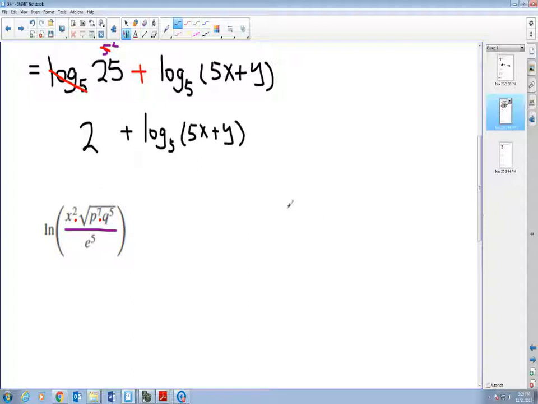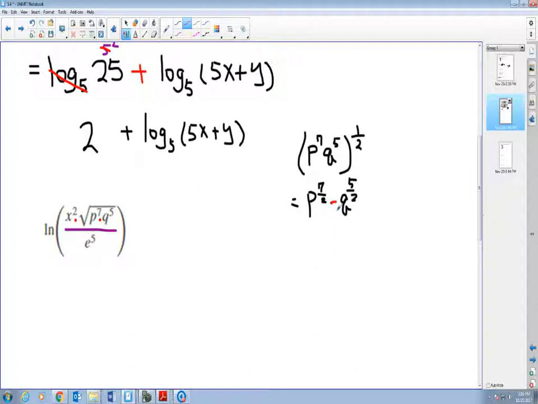Square root is the same thing as a half power. So p to the 7th and q to the 5th inside the square root means both p and q are to the half power. By applying the power rule, that gives me p to the 7/2 times q to the 5/2. So this can be rewritten as p to the 7/2 times q to the 5/2.